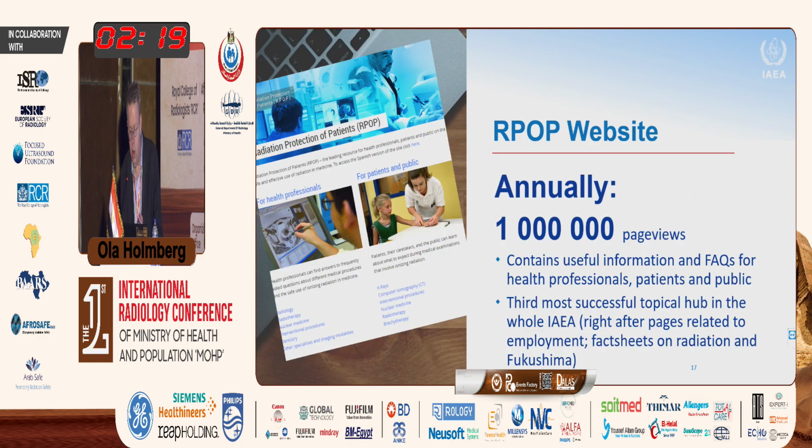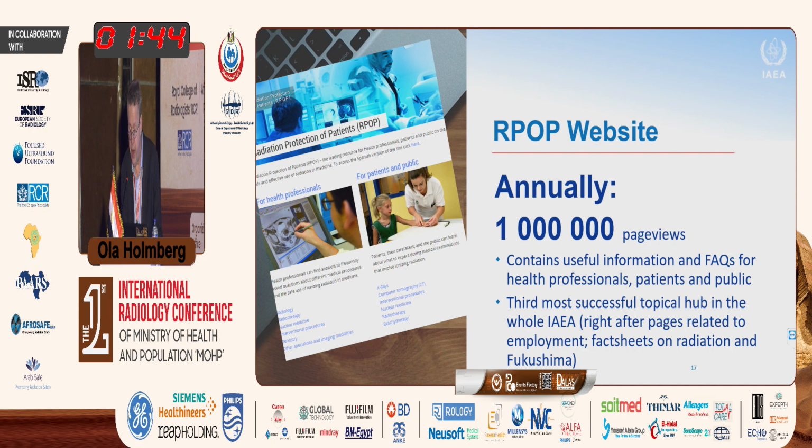You find all our resources on the Radiation Protection of Patients website, which annually has more than 1 million page views. And if you remember one thing from this talk, I would urge you to remember the acronym RPOP, because if you put in RPOP in Google, it will take you on the very first hit to the Radiation Protection of Patients website.